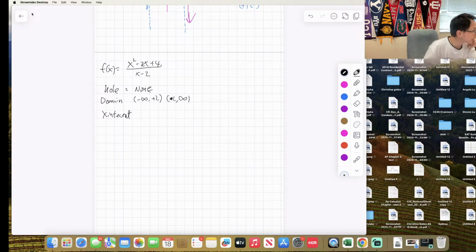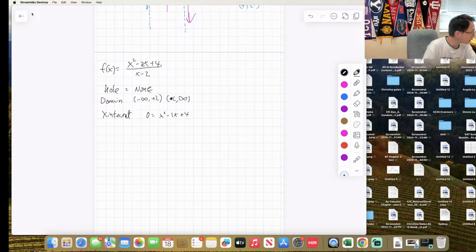Okay, is there any x-intercept here? There's none. Why is there none? Because that's not factorable, but that's because why? If you really want to find the intercept, you set x squared minus 2x plus 4 equal to 0. What can we do here? Well, if we cannot factor, what else can we do?